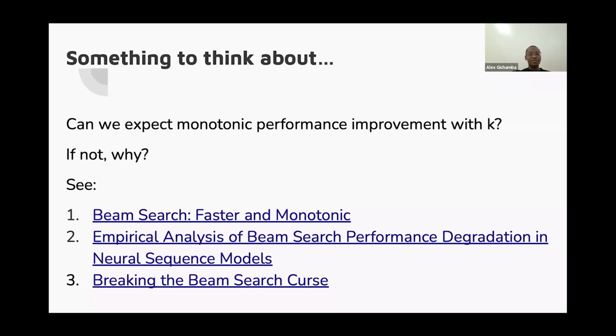When I first heard about beam search, I assumed that this is true. But we've attached some readings here, and people have found that it's not always the case. But it's good to consider why. I think each of the papers is pretty interesting, and they explain this in an interesting way. So that's it for my side on beam search.